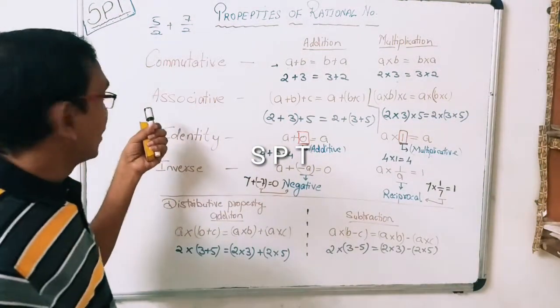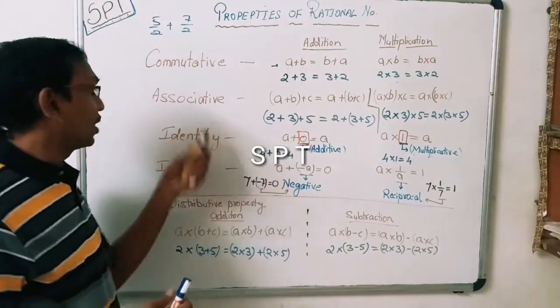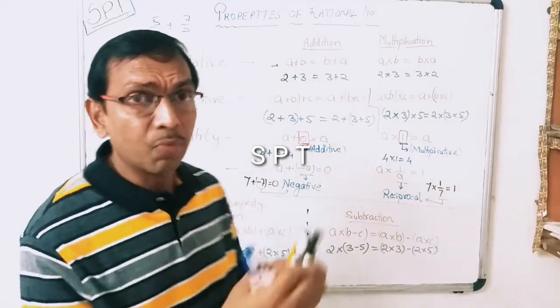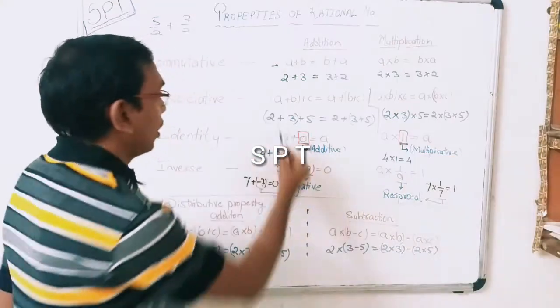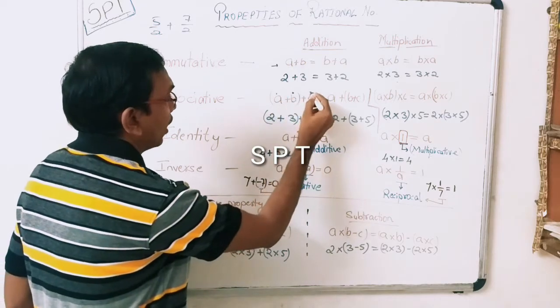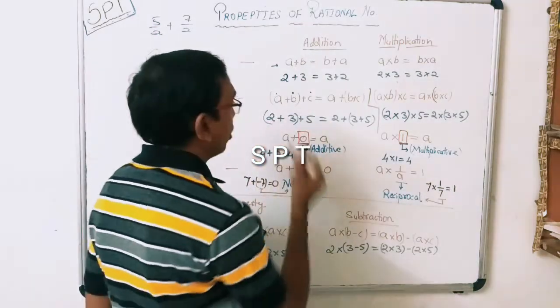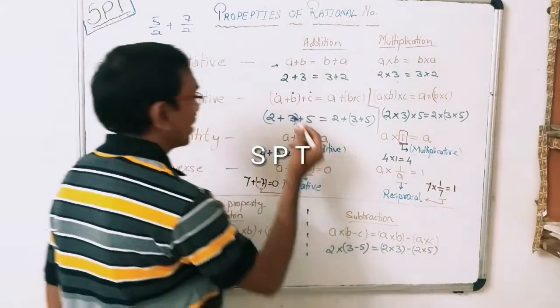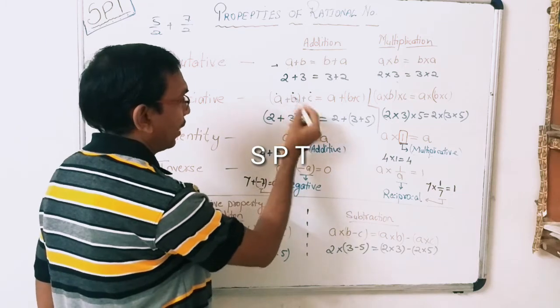So that is the commutative property. The second property is the associative property. As the name indicates, there is an association of someone. So we are taking three numbers a, b and c. All these three are rational numbers again, and I have to add all the three. In the first case I am taking a and b together in a bracket.